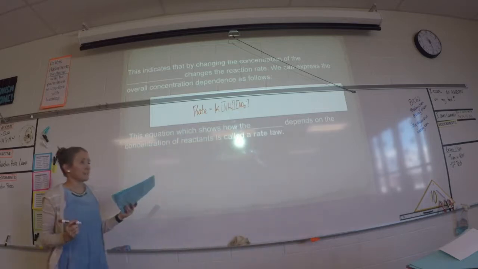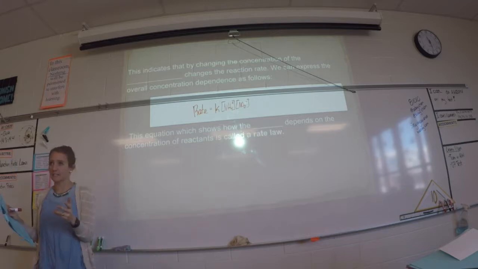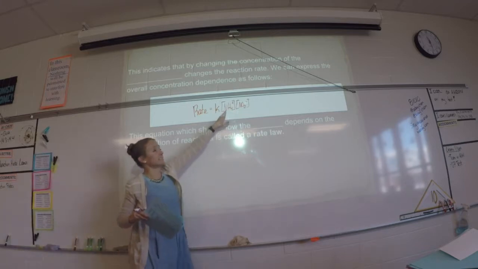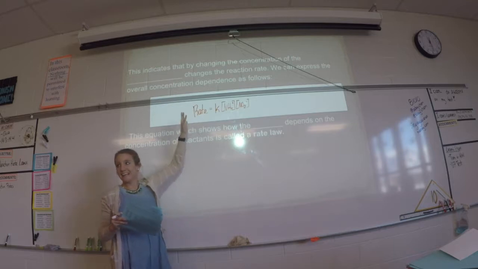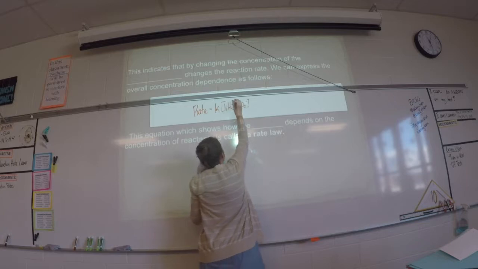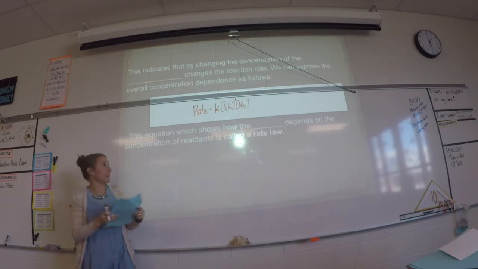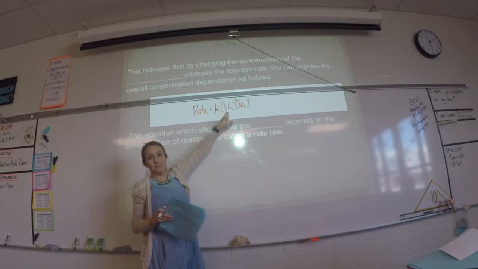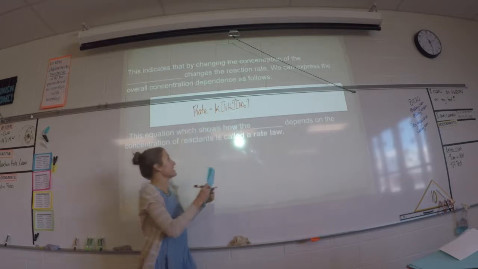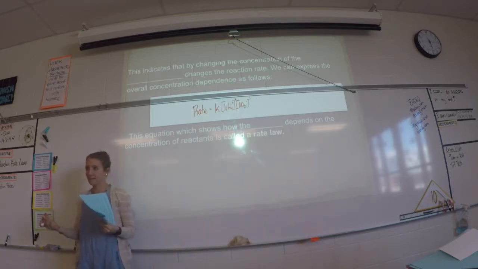In our experiment, we saw that every time this doubled, the rate doubled. In a sense, you could write this in, but in the future you don't have to. That's why this is to the power of 1, because they're directly related. Every time this doubles, that's going to double. Same thing, this would also be to the power of 1.